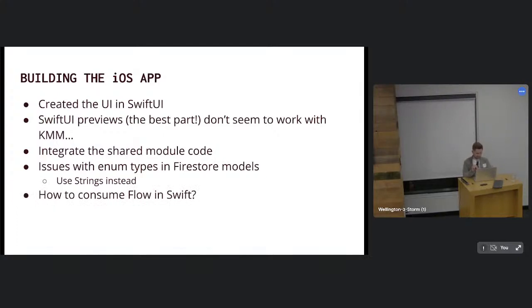So I found a blog post that basically recommended trying to wrap flow in the Combine framework, which, as far as I understand it, is a similar framework to flows. Don't correct me, iOS developers, please. And this is kind of where I got stuck, which is disappointing. I was never able to actually get the iOS app working.